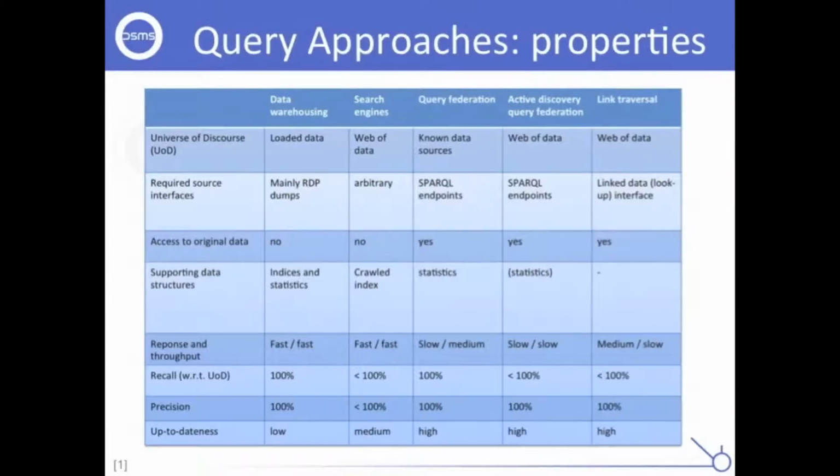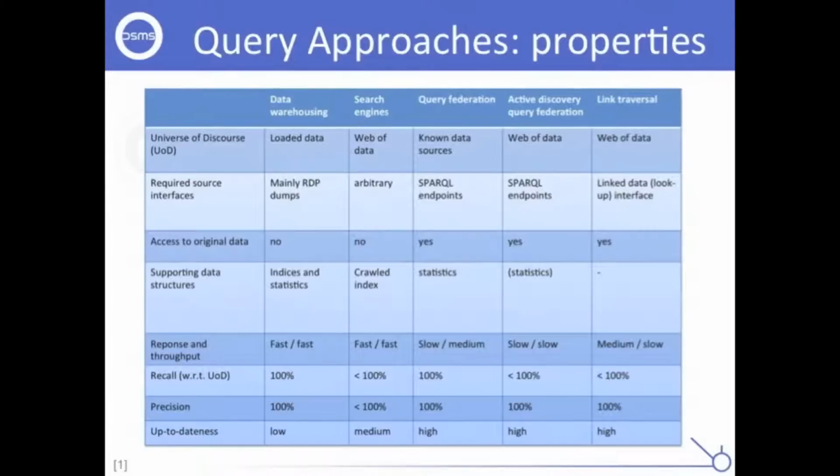Properties. As you can see, there are 8 query approach properties: universe of discourse, required source interface, access to original data, supporting data structures, response and throughput, recall, precision, and up-to-dateness.